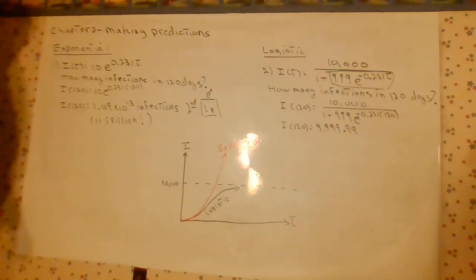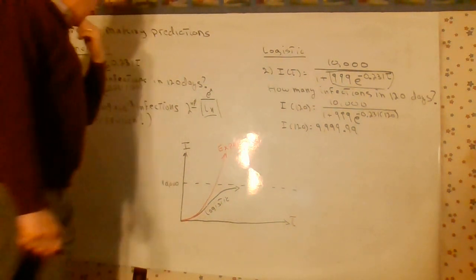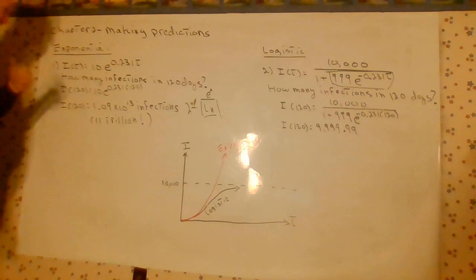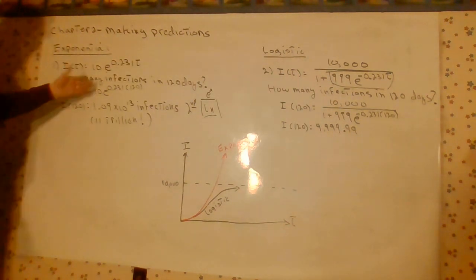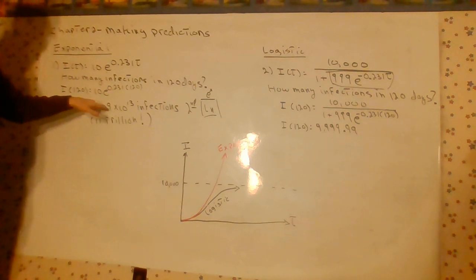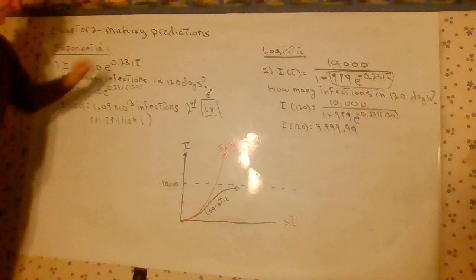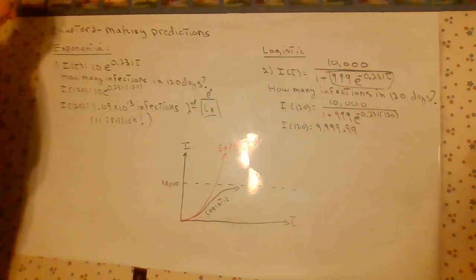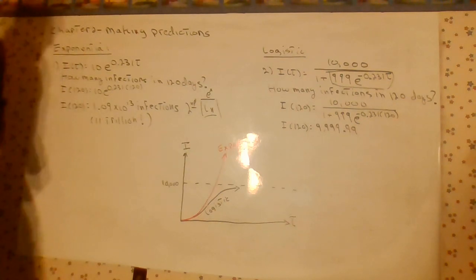So we could also turn this around. I'm not going to go through it in this video, but given a number of infections, you could always plug in here and solve for t. If you want to do it as an exercise, plug 1.09 times 10 to the 13 in here, solve for t, and you should get approximately 120 days. It won't come out exact because we rounded this off.